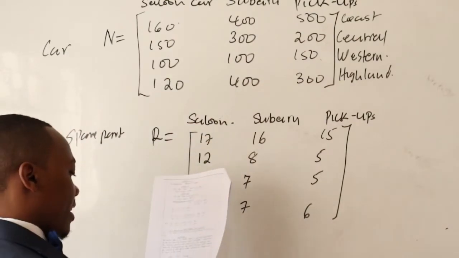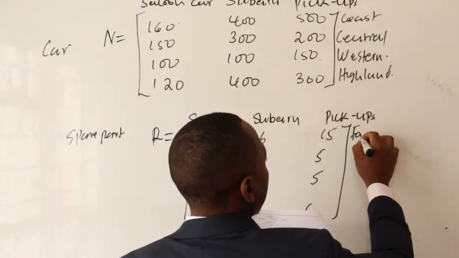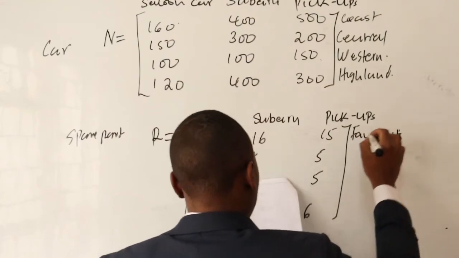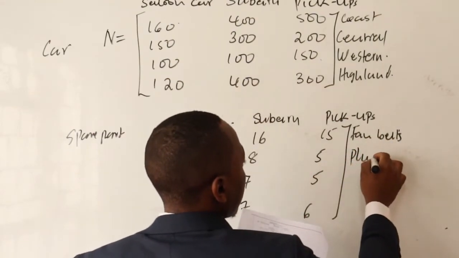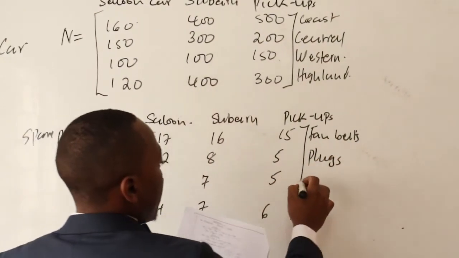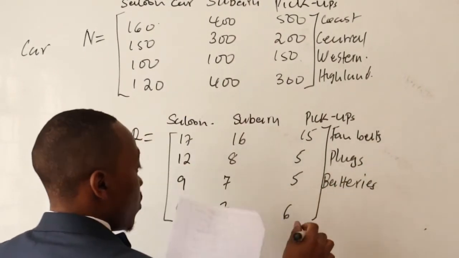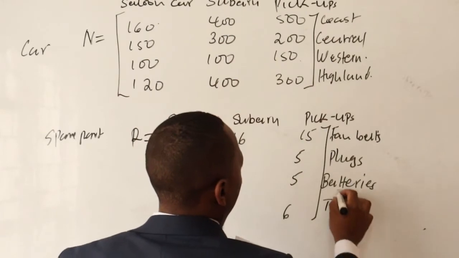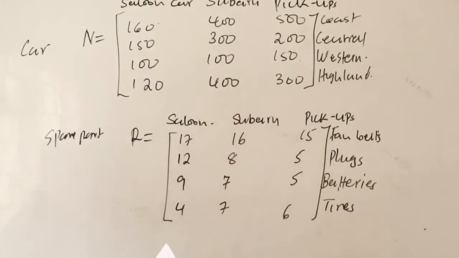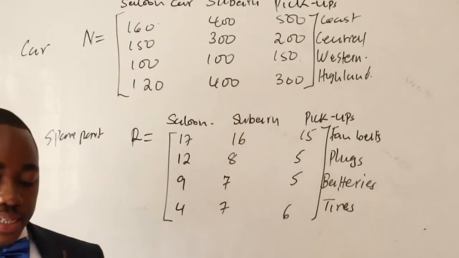And those are the spare parts. So you have fan belts. We have plugs. We have batteries. And then we have tires. We are given that. So required.